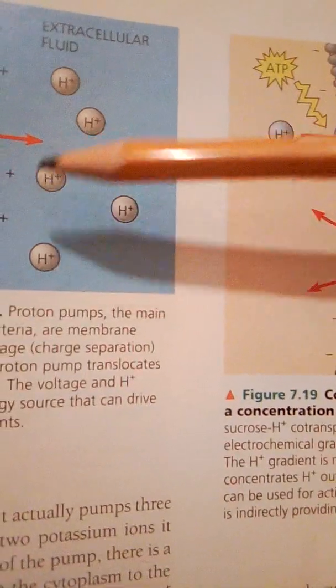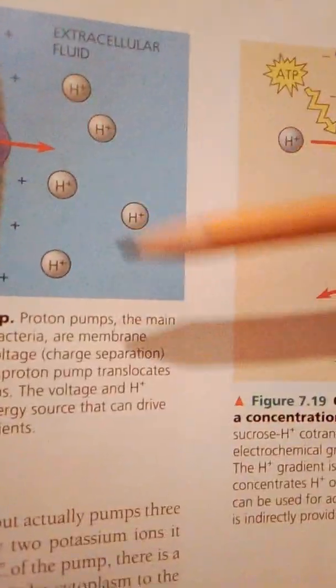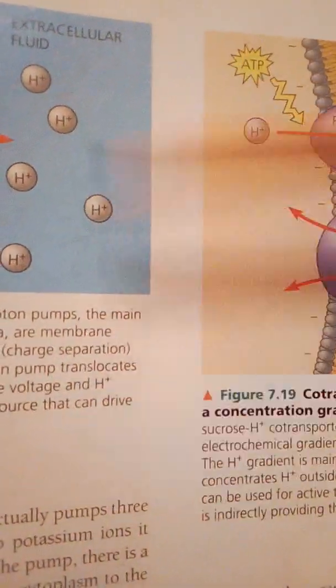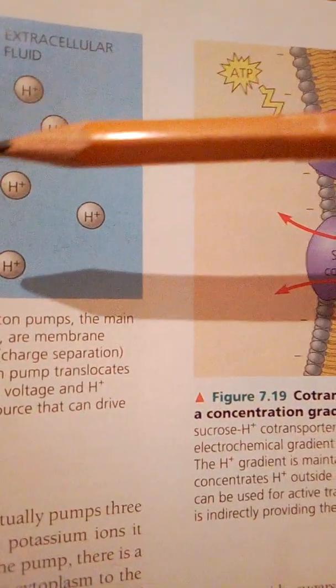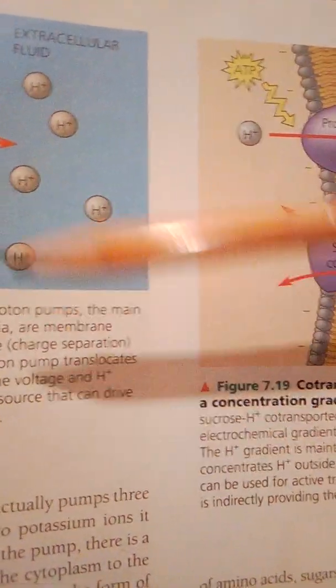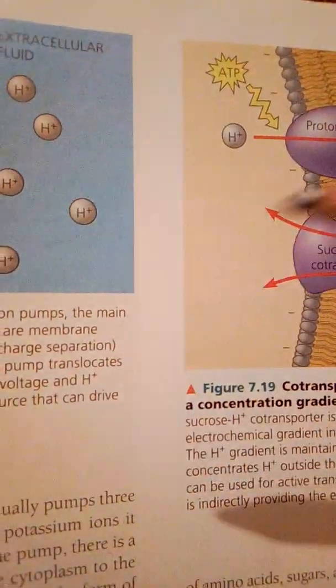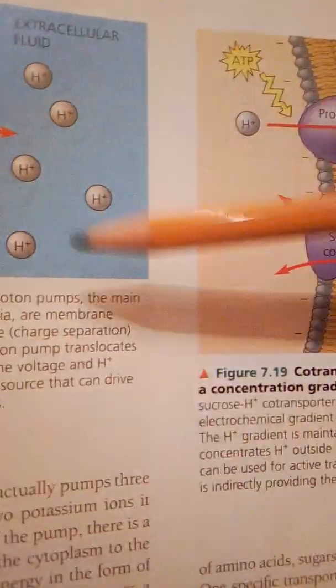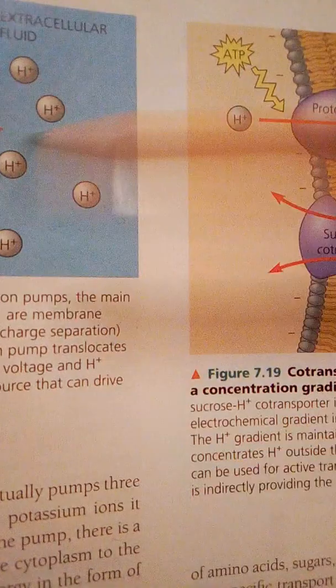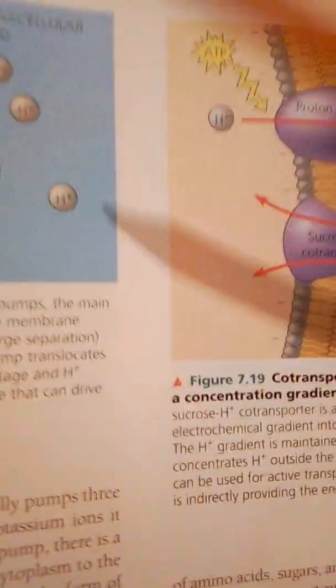A proton pump translocates positive charge in the form of hydrogen ions. The voltage and H+ concentration gradient represent a dual energy source that can drive other processes such as the uptake of nutrients.